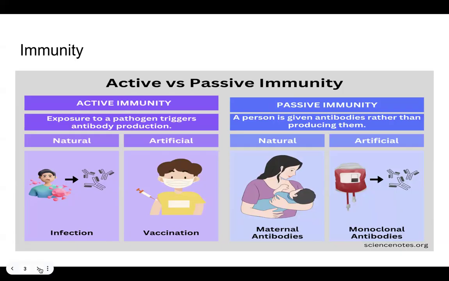Passive immunity is when a person is given antibodies rather than producing them. This can be by babies receiving antibodies maternally in utero or via breastfeeding, or by monoclonal antibodies, which people often receive in blood transfusions and things like that.